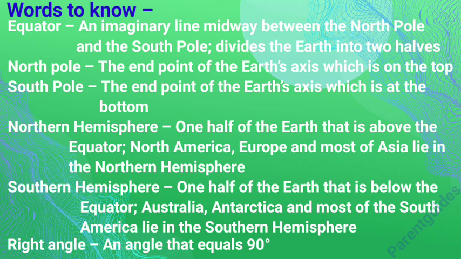One half of the Earth that is above the equator. North America, Europe and most of Asia lie in the Northern Hemisphere. Southern Hemisphere. One half of the Earth that is below the equator. Australia, Antarctica and most of South America lie in the Southern Hemisphere. Right angle. An angle that equals 90 degree.